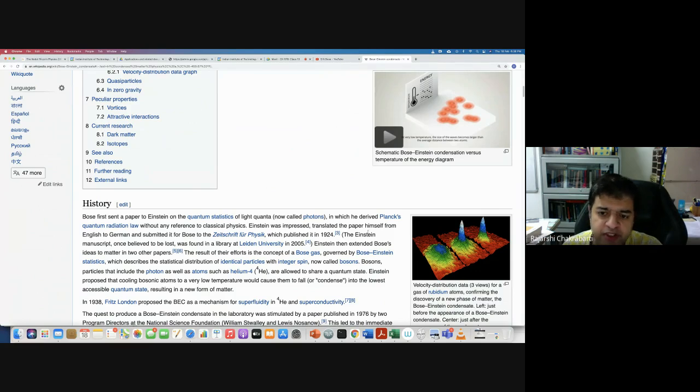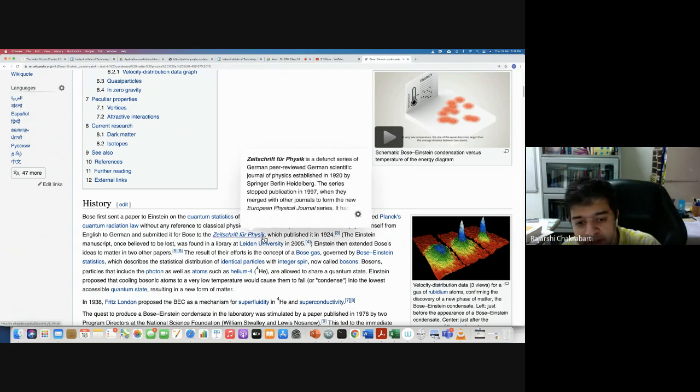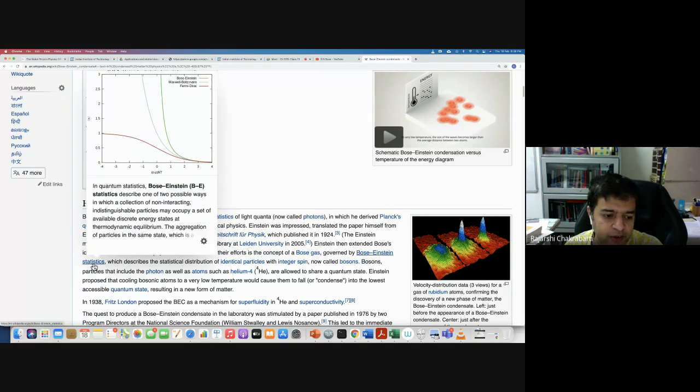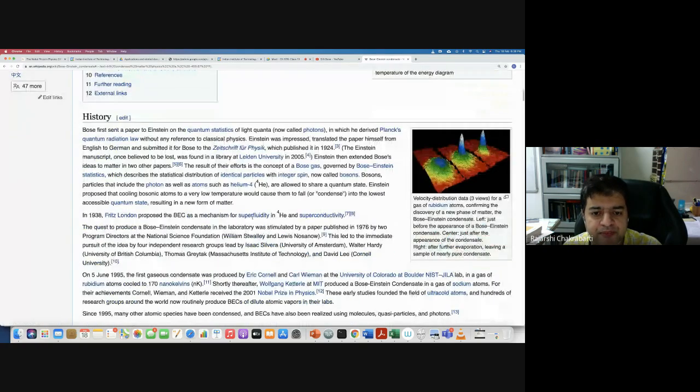Einstein was very impressed, and he translated the paper himself from English to German and submitted it to a German physics journal, where it was published in 1924. Einstein also extended Bose's ideas in other papers, and the result of their effort is the concept of the Bose gas governed by Bose-Einstein statistics. So it was a theoretical prediction.